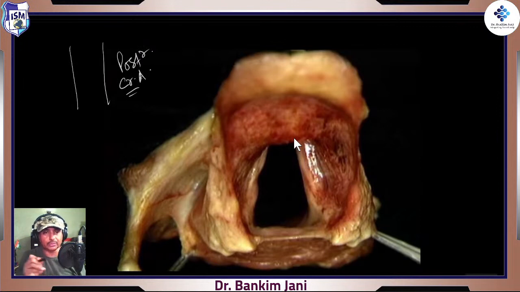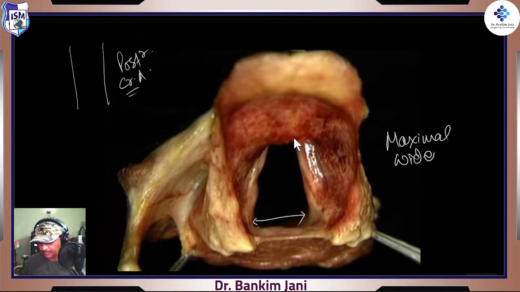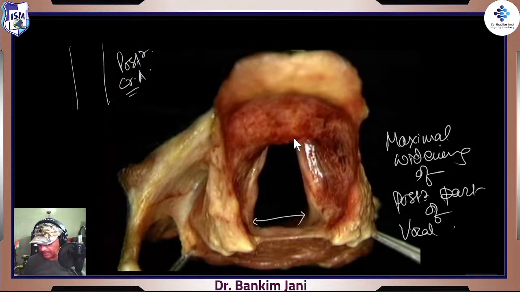That is when the posterior, right? That's how the posterior cricoid was operating, right? This is how the vocal folds or the vocal gap was getting generated. But now it is this, it is affecting the posterior part, right? So there will be maximal widening of posterior part of, right, vocal gaps.